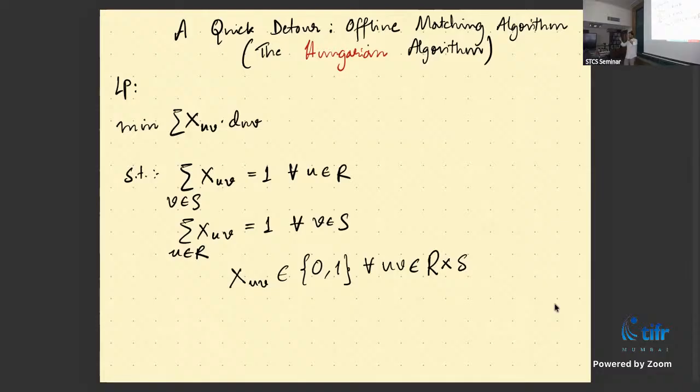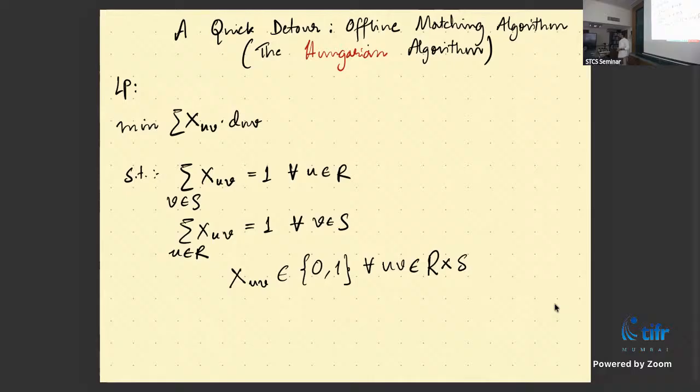In my mind, it's a Boolean variable, whether I take the edge or not. If I take it, I pay for it. And then on each side, I impose constraints that the sum of the edges should be one. So you can take only one edge incident on every vertex. The constraints are separately imposed on every request and every server.